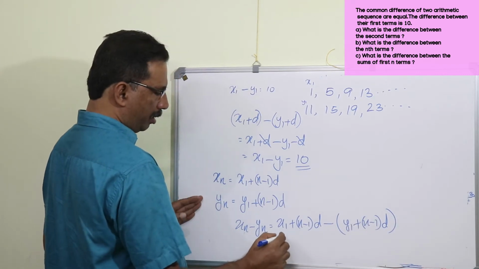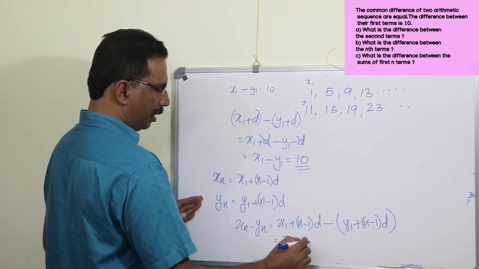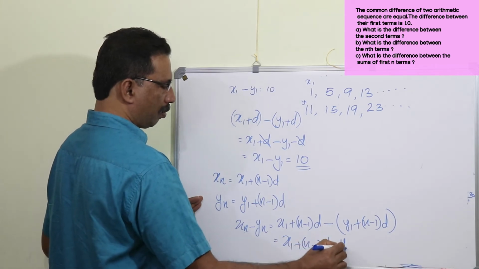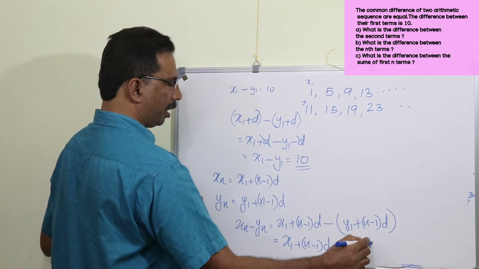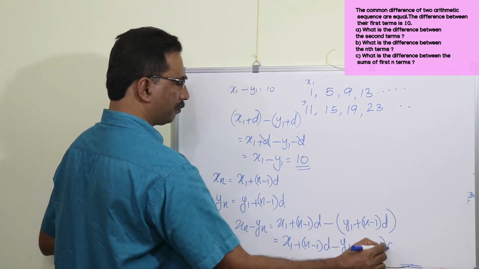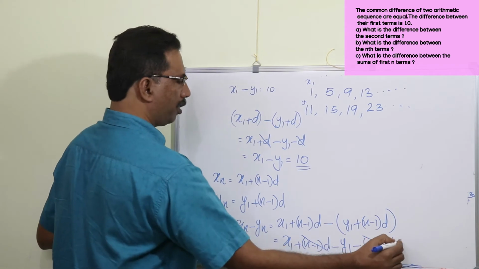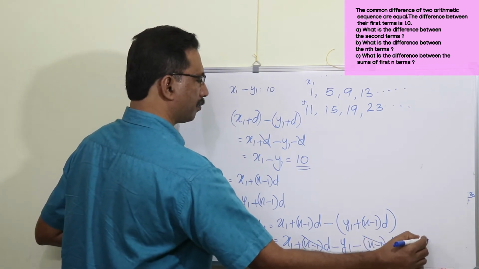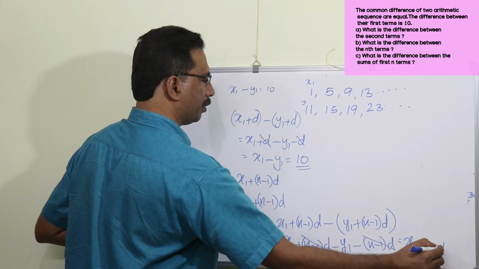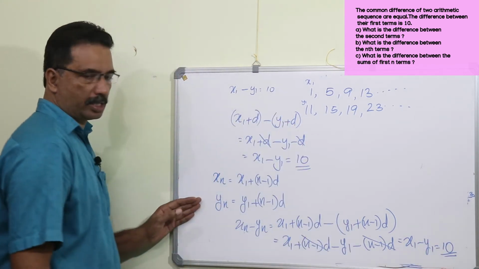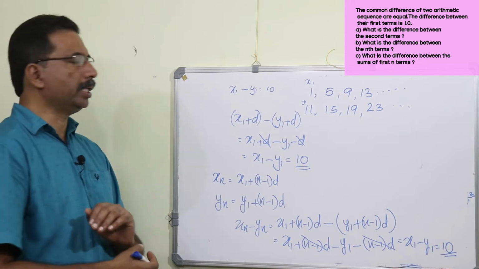Here we can cancel these two. It is x1 minus y1 is equal to 10, as in the case of the first one.